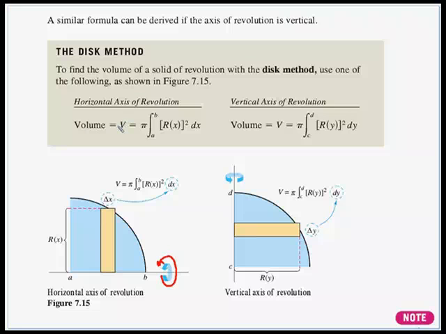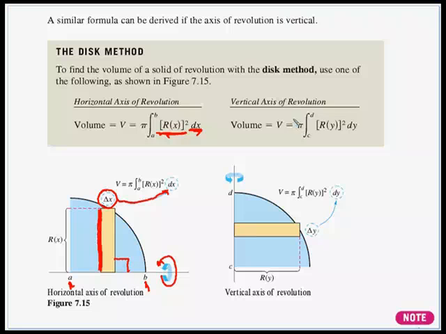So our volume is pi, the integral from a to b, of r of x squared, that's our radius, or the height of the rectangle, and we are integrating with respect to x, delta x, and that is also the width of each rectangle. The rectangle has a width of delta x. That is the variable that we are integrating with respect to. And also note that the representative element, this rectangle, is perpendicular to the axis of rotation.